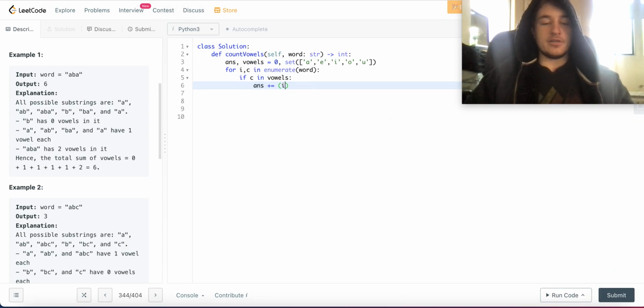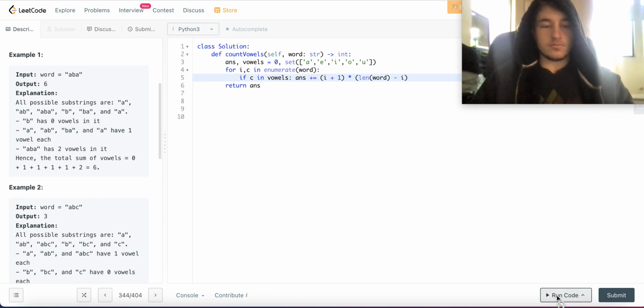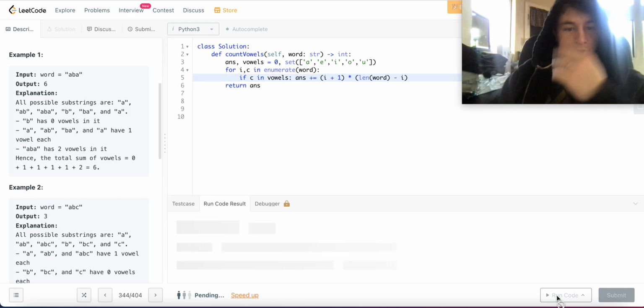So answer plus equal I plus 1 times length of word minus I. And then at the end, we just return answer. And then we cry because it doesn't work.